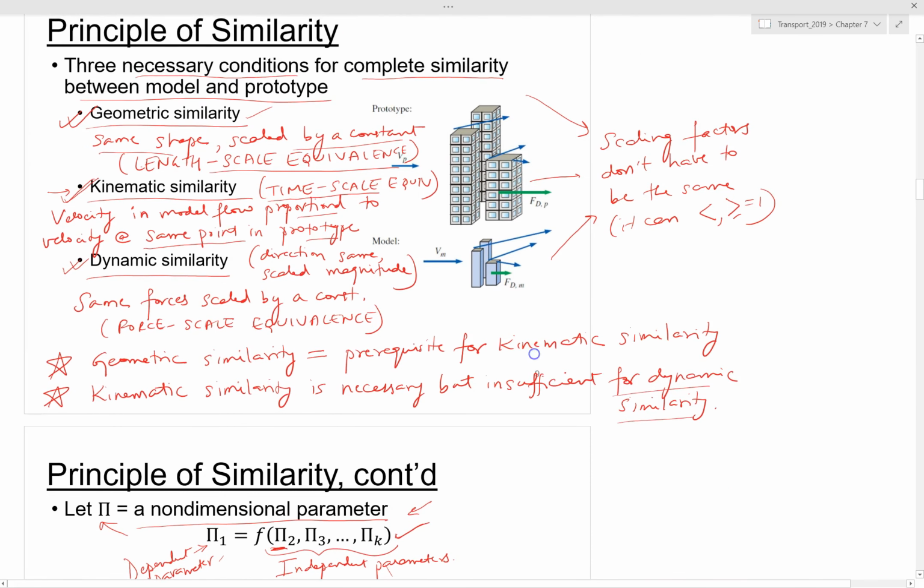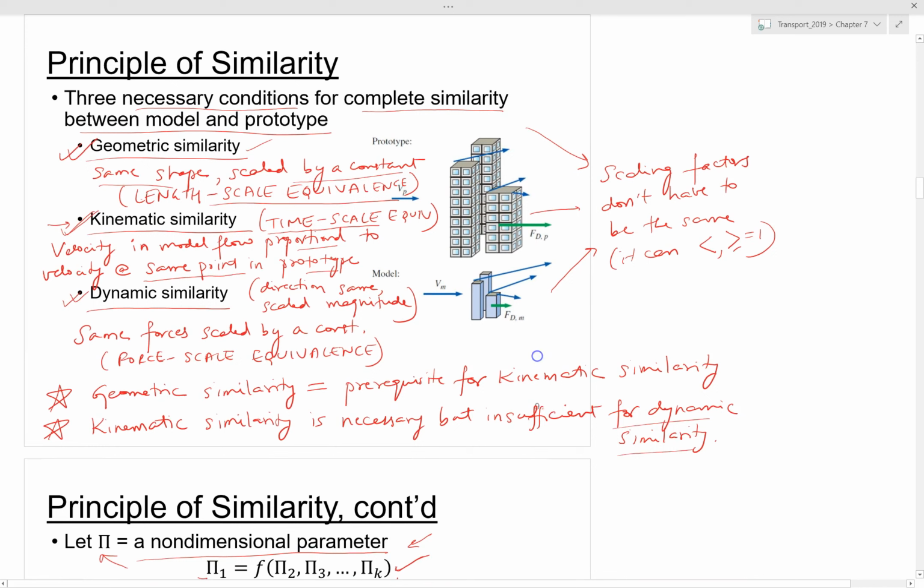And why do we do so? Because we want to find similarities, either geometric, kinematic, or dynamic, to basically scale a model and a prototype. Okay, this is how most of the experiments are done in the laboratory.